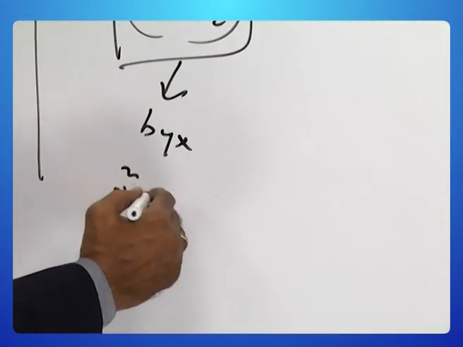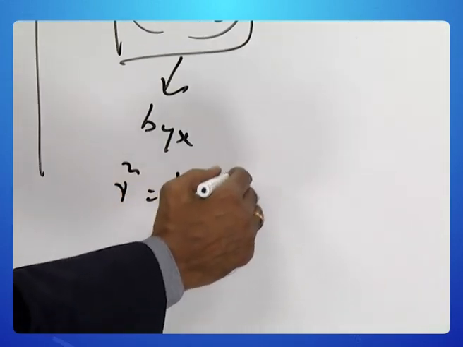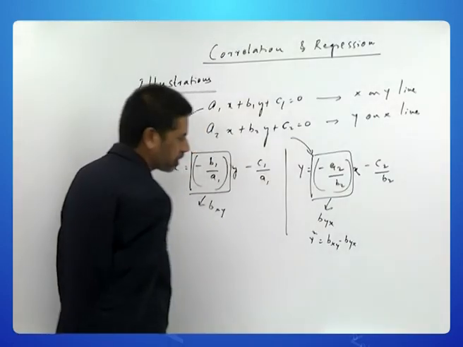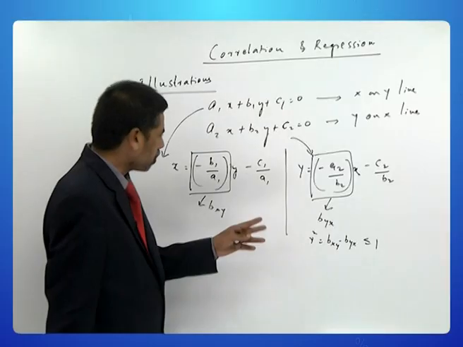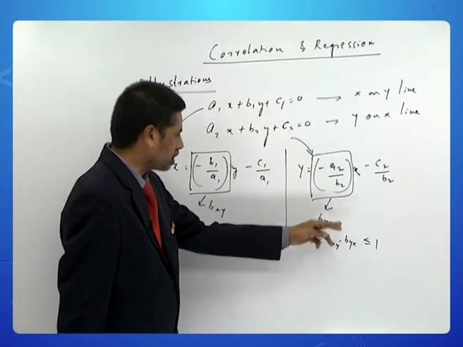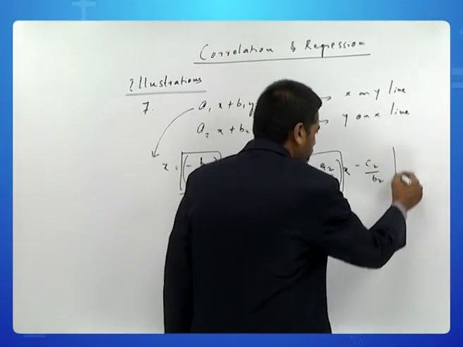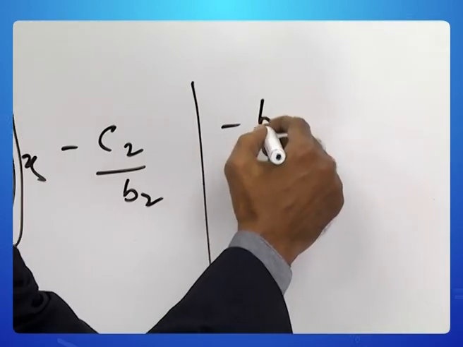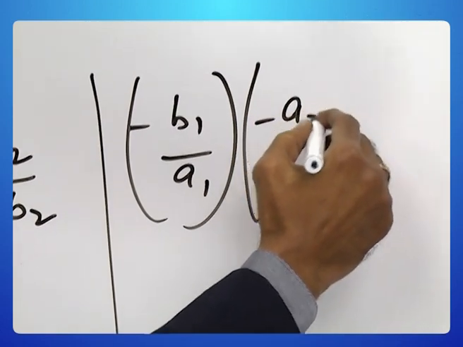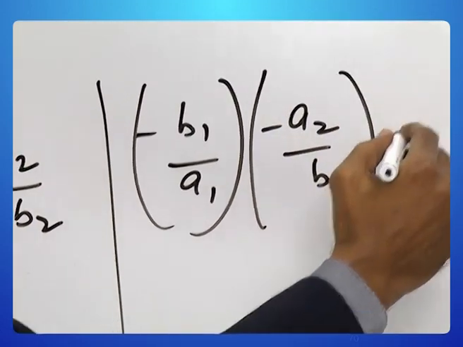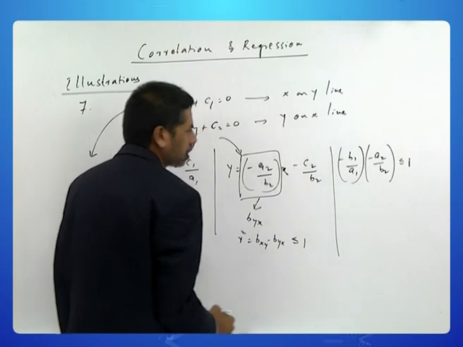We know that r square is equal to bxy into byx, and we know this quantity has to be less than or equal to 1. So if you substitute, this should be less than or equal to 1. That means minus b1 by a1 multiplied with minus a2 by b2 should be less than or equal to 1.